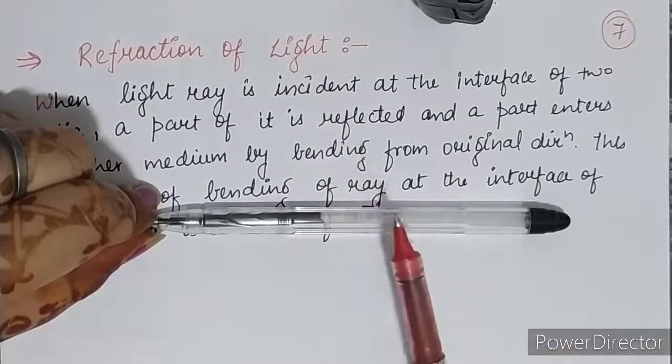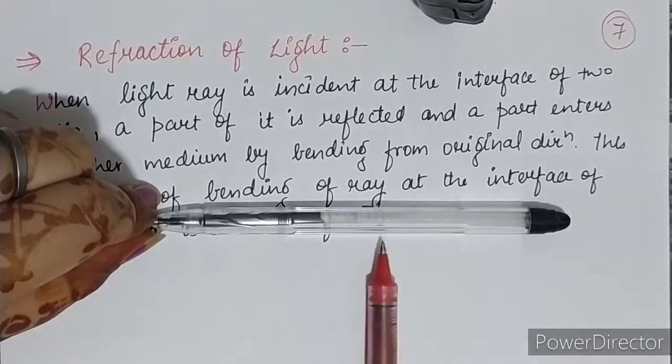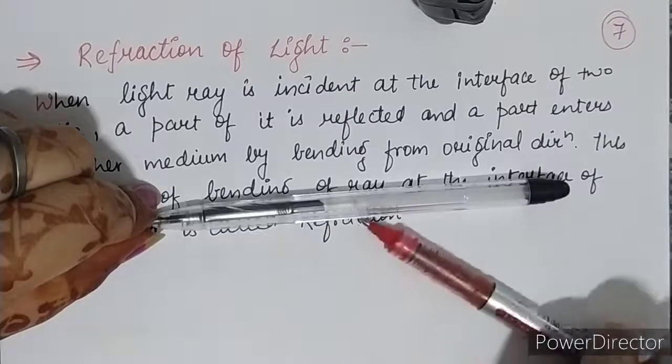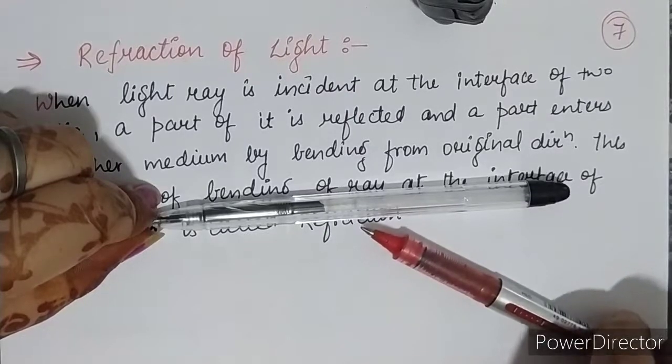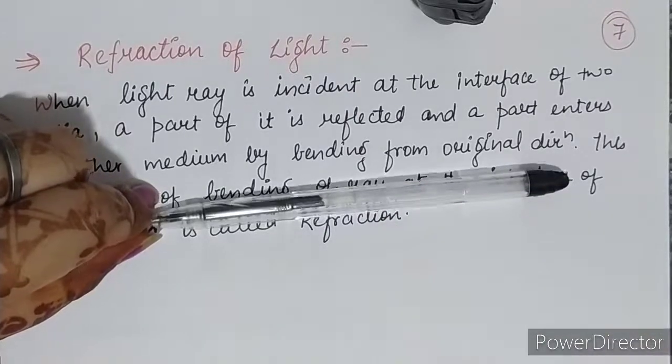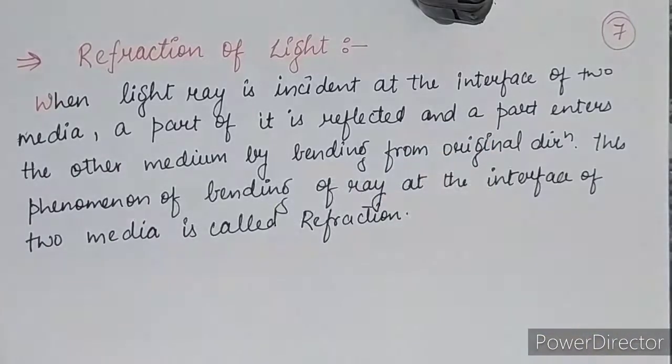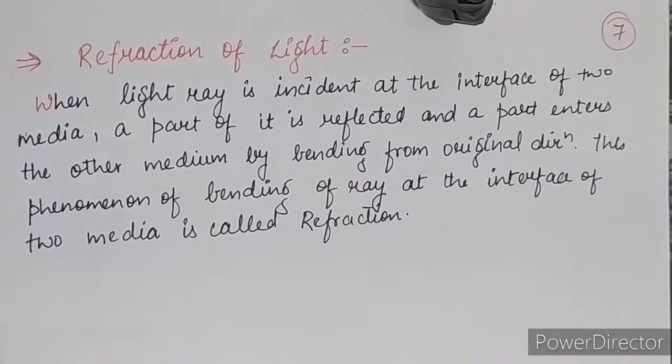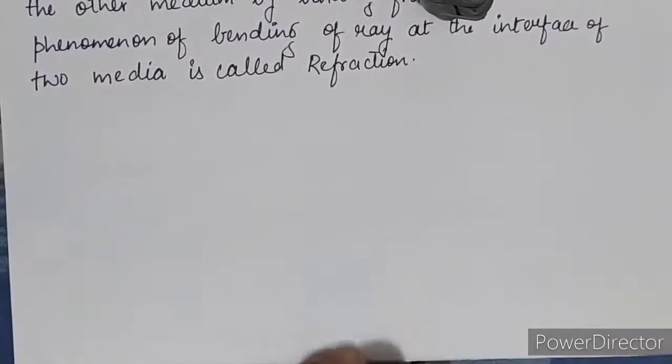But as the medium changes, the bending is more or less, depending upon the medium. This phenomenon is known as refraction. For your better understanding, I will explain it with a diagram so you can understand it more clearly.